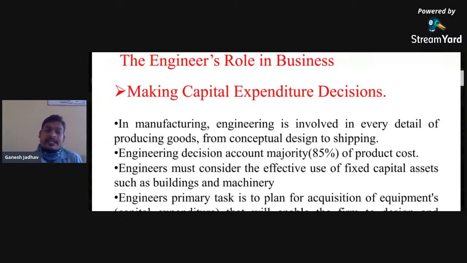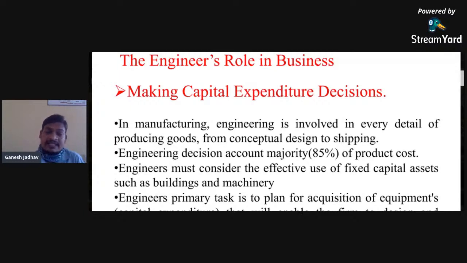The engineer is involved from the analysis step, the evaluation step, the development step, and the testing step. So this is the work of engineering, at every stage.